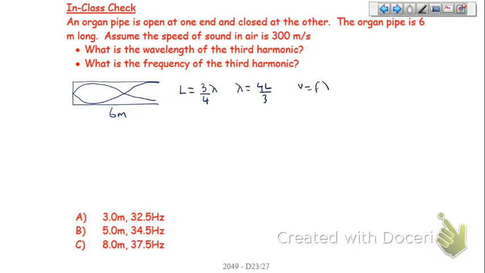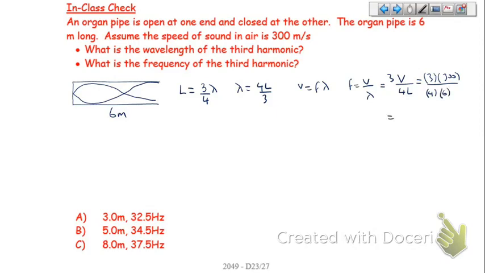V equals F lambda. F is equal to V over lambda, which is going to be 3V over 4L. Put my numbers in: 3 times 300 over 4 times L, and L is 6.